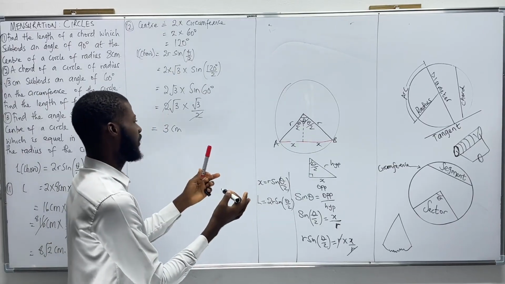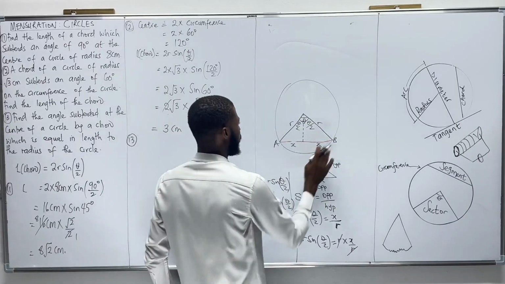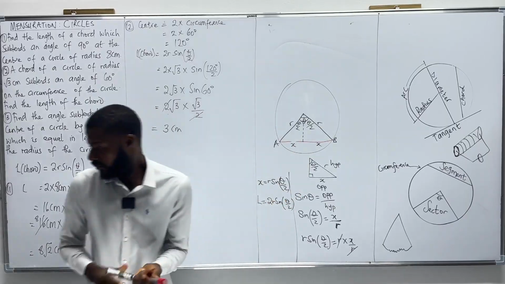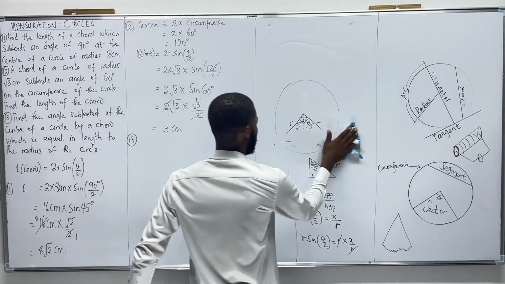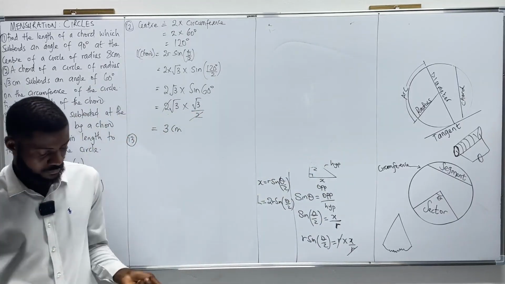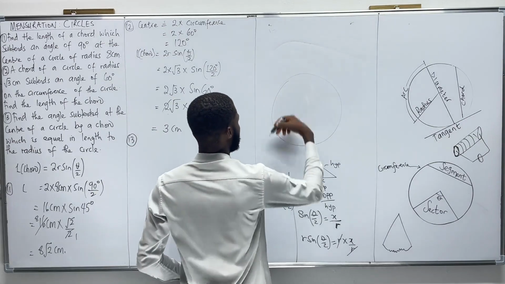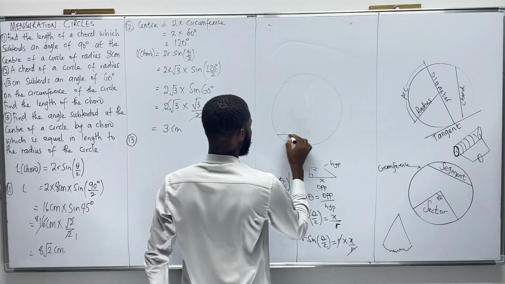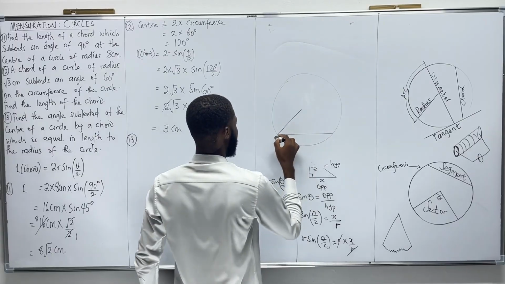Now, why was this derivation very important? Let me redraw this shape again. This is a chord, this is the center.